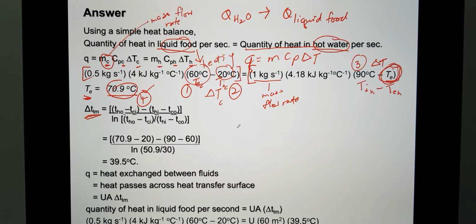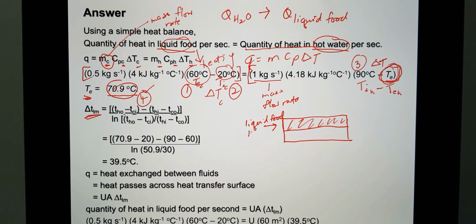I have explained to you before how to memorize the equation without memorizing it. Remember the diagram whereby this particular flow is counter current, it is not co-current. So you need to know how to draw the direction of the liquid food and the hot water. For example, this one is for liquid food entering.